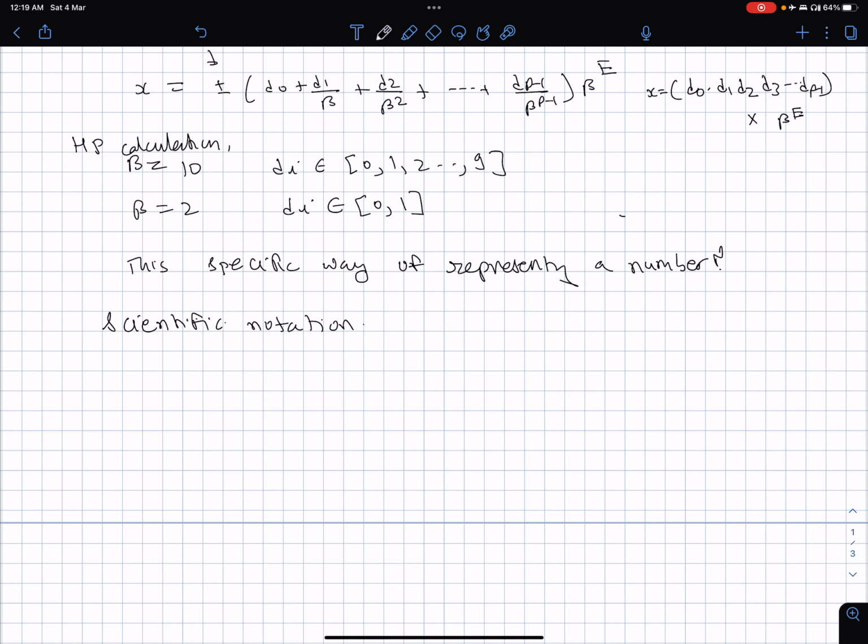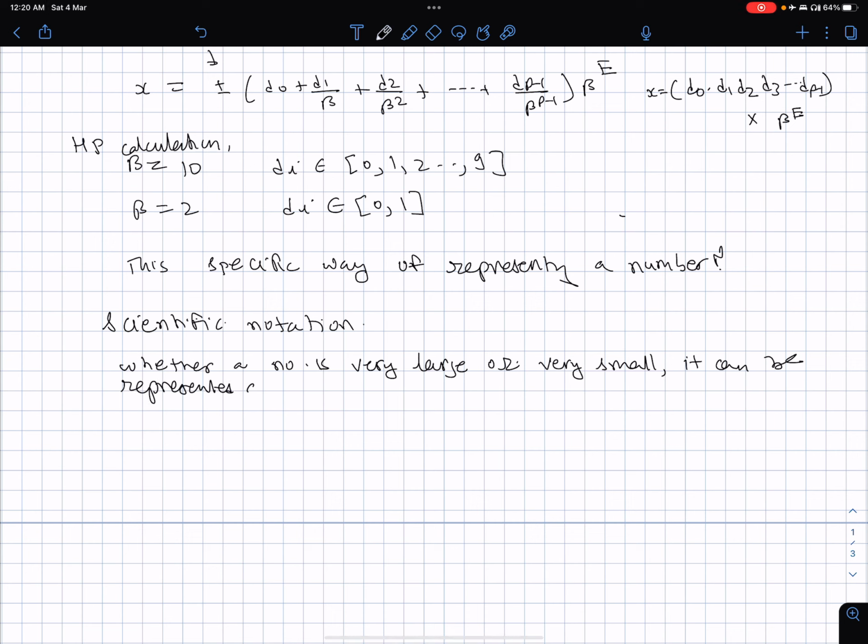And here the idea is that even if a number is very large or very small, it doesn't matter, it can be represented as a number of moderate size times an appropriate power of 10.